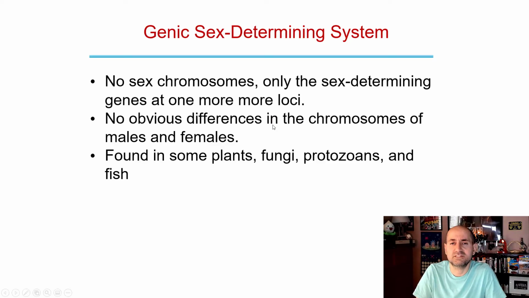I don't know if I've defined this before, but autosomal chromosomes are the non-sex chromosomes. For humans, the autosomal chromosomes are chromosomes 1 through 22, and the 23rd chromosome is the sex chromosome. So in the genic system there are no sex chromosomes, only autosomal chromosomes, and it's genes on the autosomal chromosomes that direct sex determination.